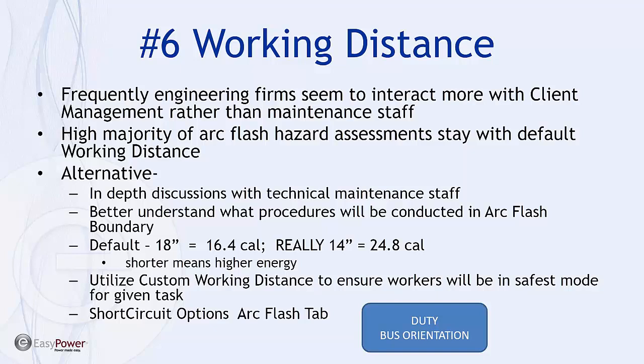That 18 inches, the default that's utilized in the calculations, is supposed to be the distance from the arc to the thorax, or the length of a person's arm when you're working on equipment.